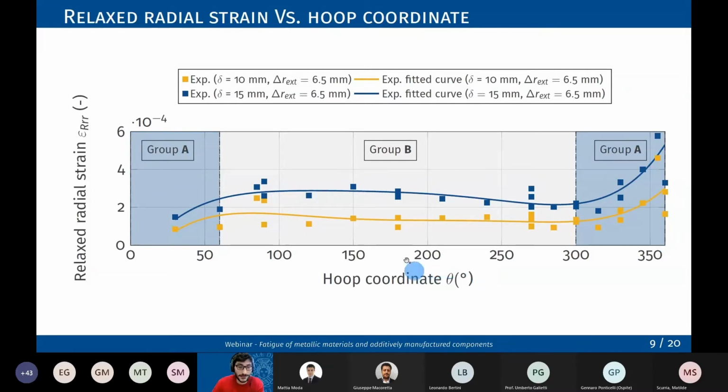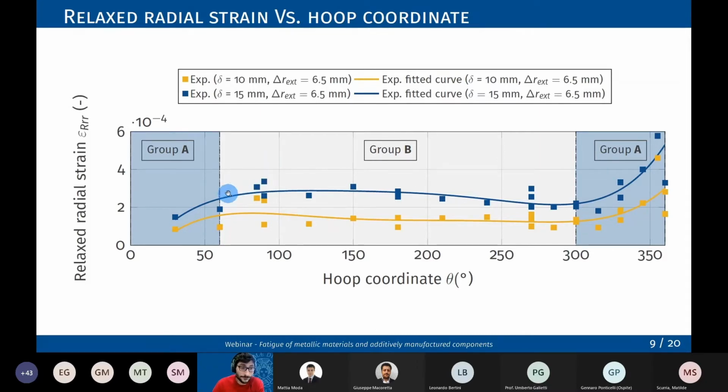And it's clearly visible how, away from this run-in, run-out point, that is the point where we start the welding process and then finish the welding process, the relaxed strains are high compared to the other angular range. For this reason, we divided the results in two groups, and we separately compared them with numerical results.